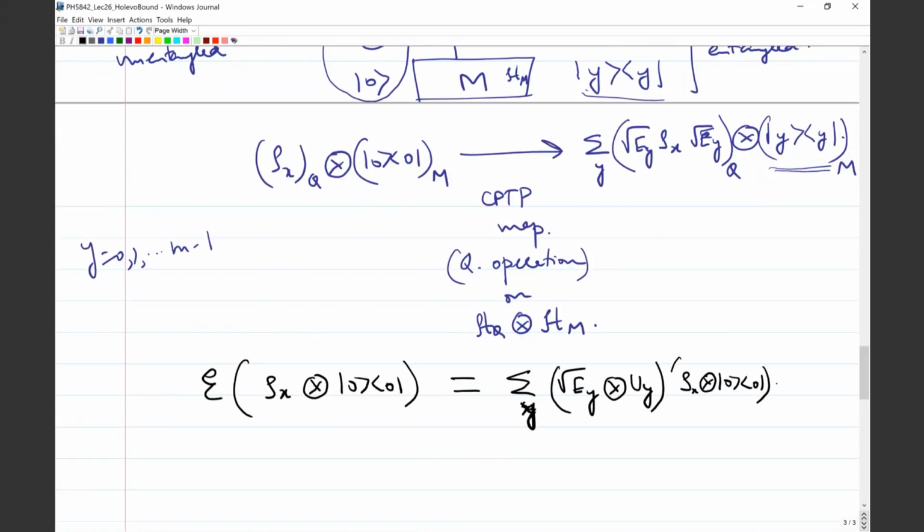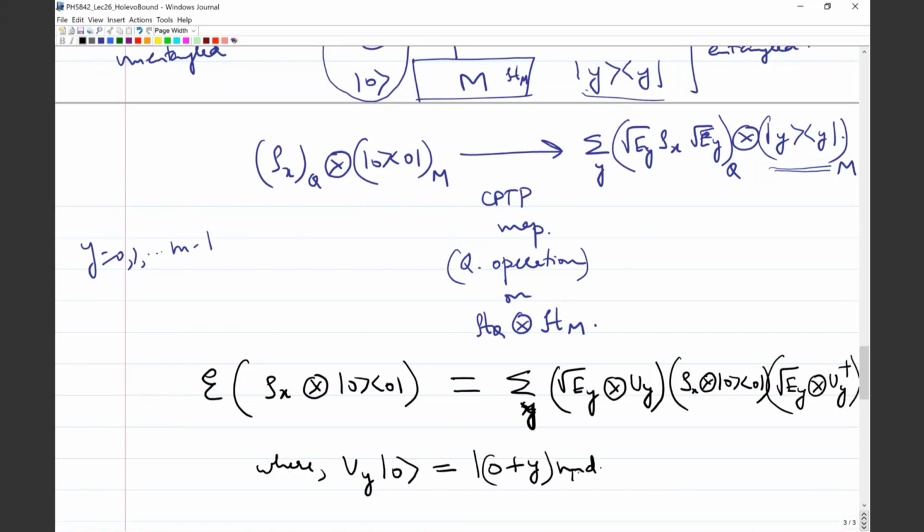And on the other side, I again have E_y tensor U_y dagger, okay, where U_y acts on 0 to give me 0 plus y mod M. It's precisely this shift kind of operator, which we've seen last semester in different algorithms, particularly I think when we were doing phase estimation, right? After we did the Fourier transform and then you did phase estimation. So when you do phase estimation, you do encounter these kind of shift operations or operations which just permute the basis, right?